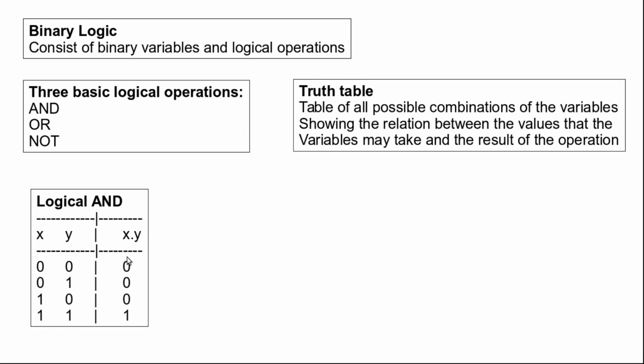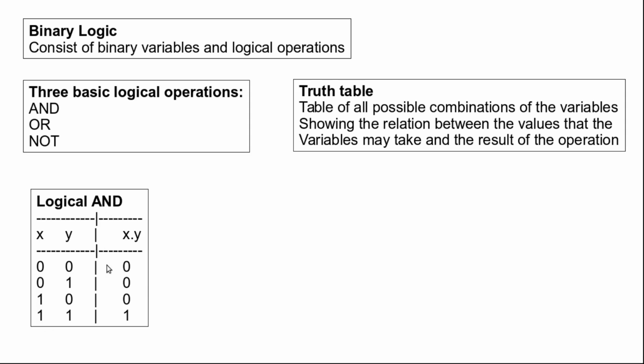The next column shows the value of x and y. Here we are using the operator dot to signify the logical AND operation. Please note that this dot is not multiplication, but it signifies the logical AND operation.